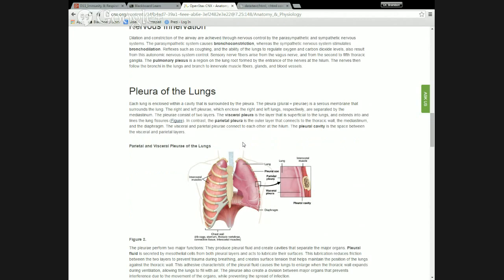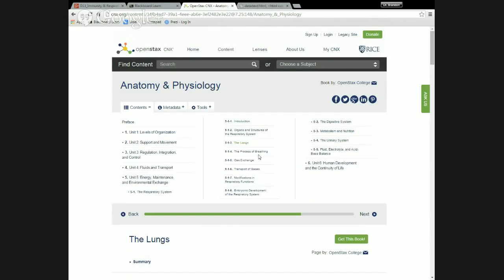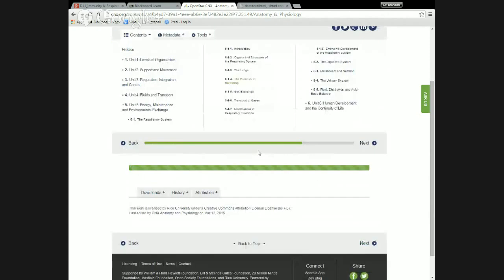So I'll be talking about the pleura, the membrane that surrounds the outside of the lungs, in lab on Wednesday, because that fits in with the breathing a little bit. And then there's specifically a section that's about the process of breathing.